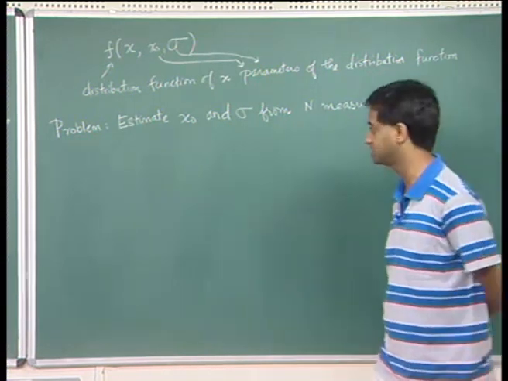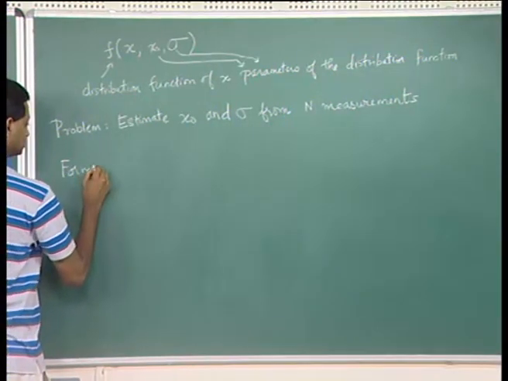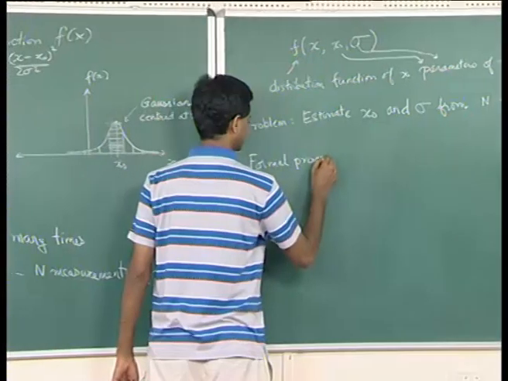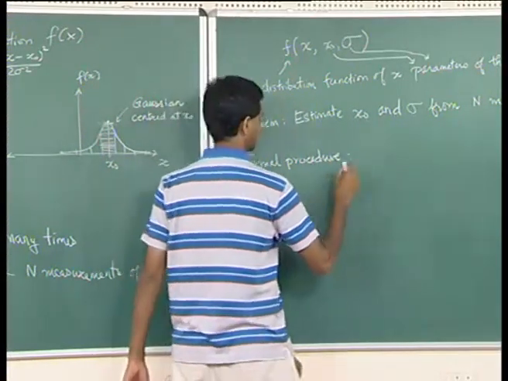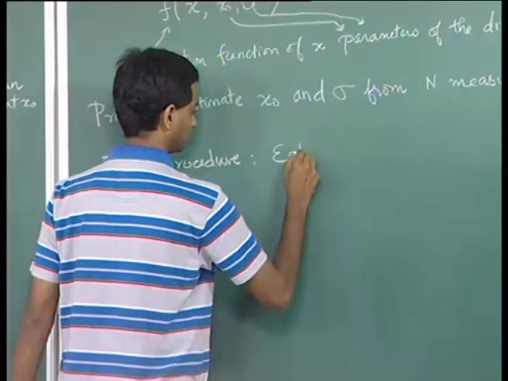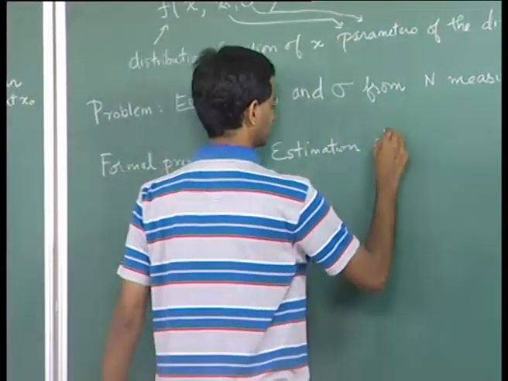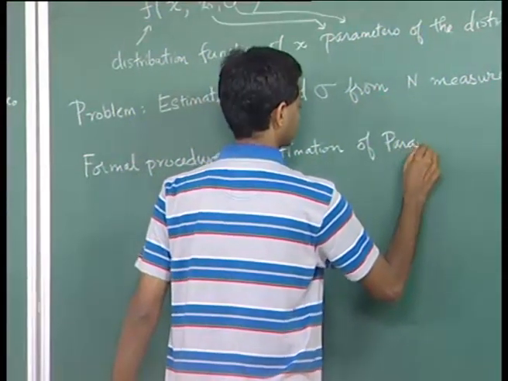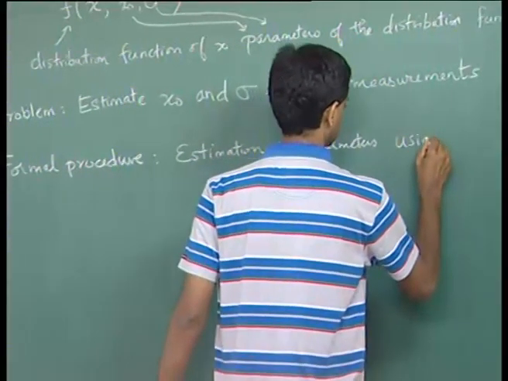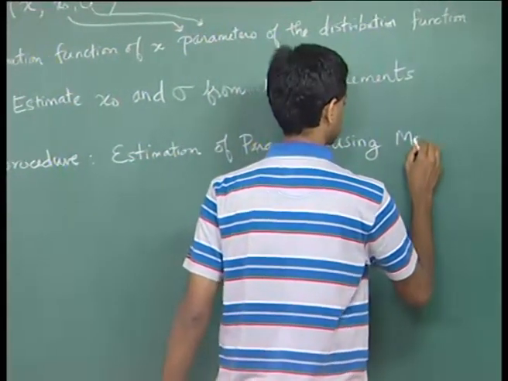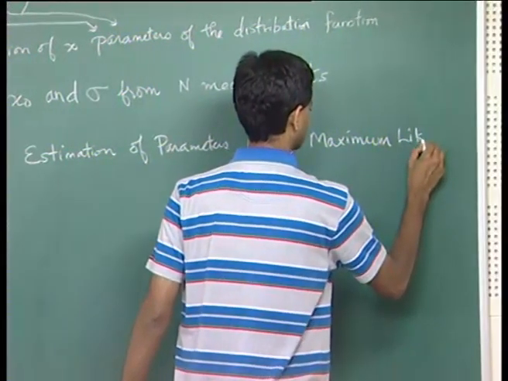Now the formal procedure is, there is an area of work called estimation of parameters, using maximum likelihood methods.